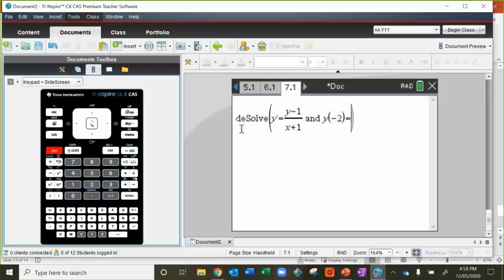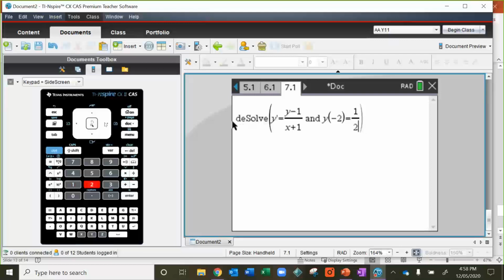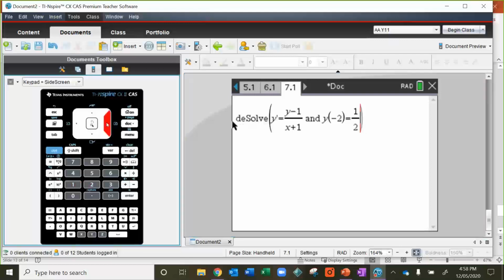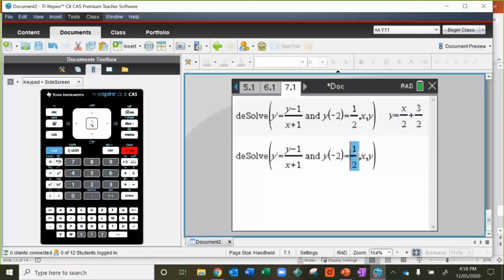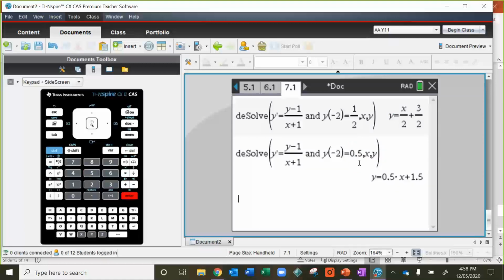And I will enter this as a fraction and talk about why it is important. And then we put comma x and comma y. So we get a particular solution and we get that as the exact form. If I change that and put 0.5 here, just good to be aware of those little tricks, the calculator sees that's a decimal, so it gives a decimal solution.